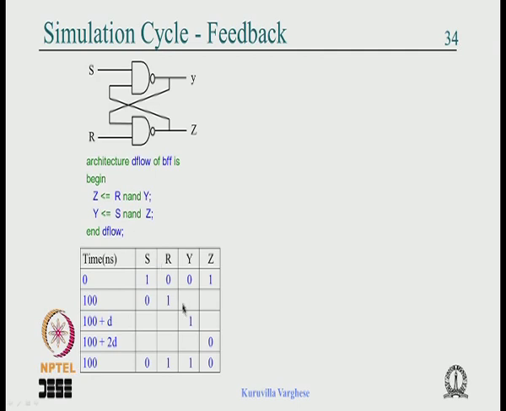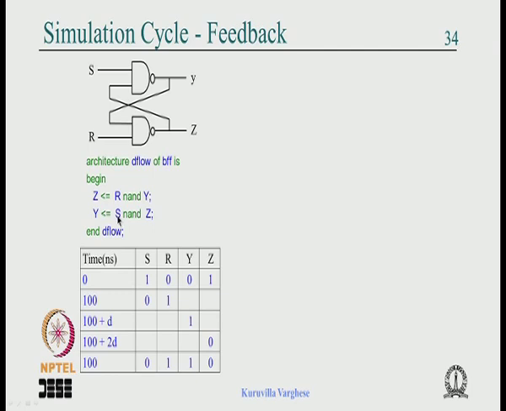But you see, let us take Z. R is changing at 100 nanosecond. Z is nothing but R NAND Y, so it is 1 NAND 0, which is nothing but 1. So Z is 1. So for this 100 nanosecond change, Z doesn't change, Z was already 1. So this makes no effect.